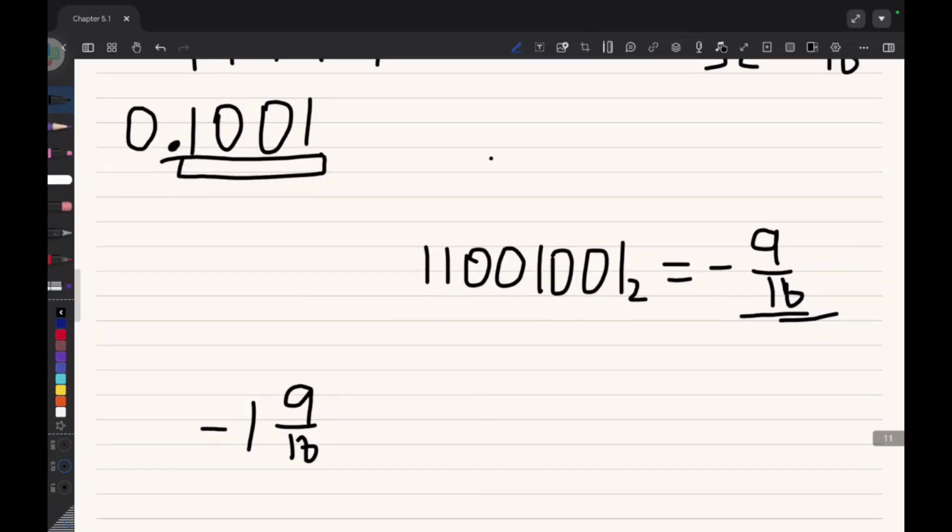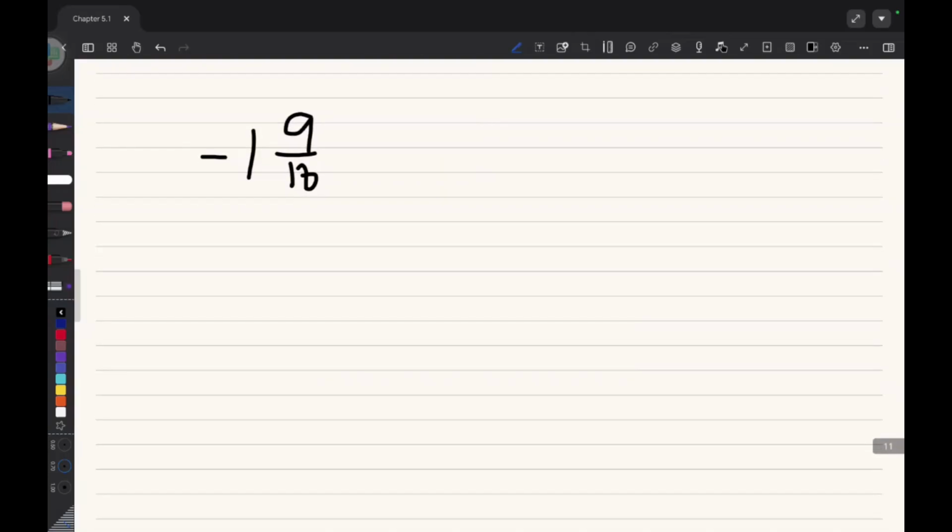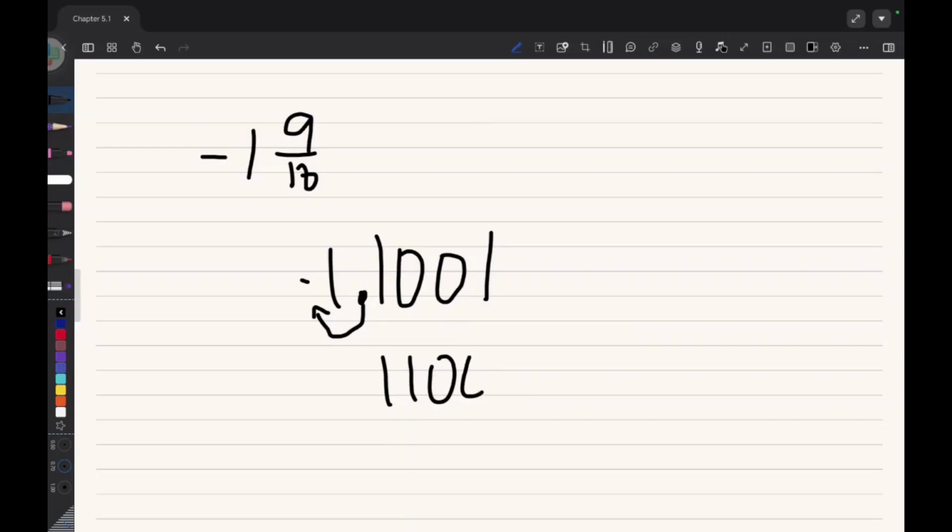We already have our mantissa here, our 1, 0, 0, 1, and then here we're going to have our radix point, and then we have a 1. Now because this one is negative, we're going to take this radix point and move it 1 point to the left. Now it's going to be 1, 1, 0, 0, 1.